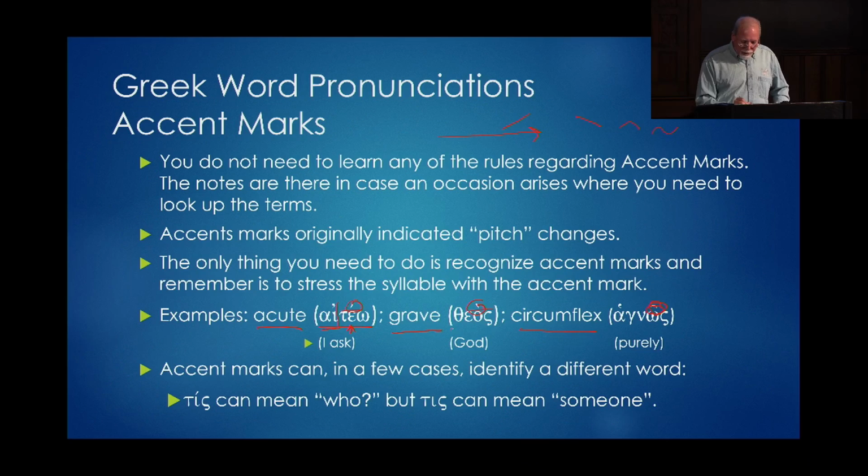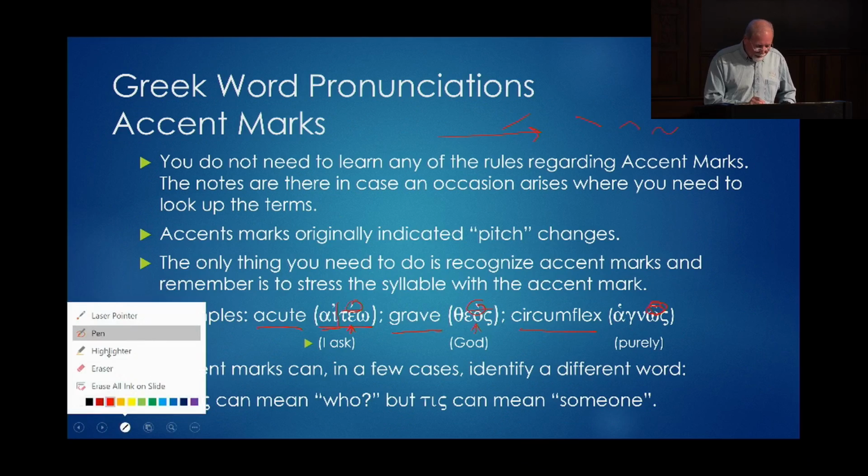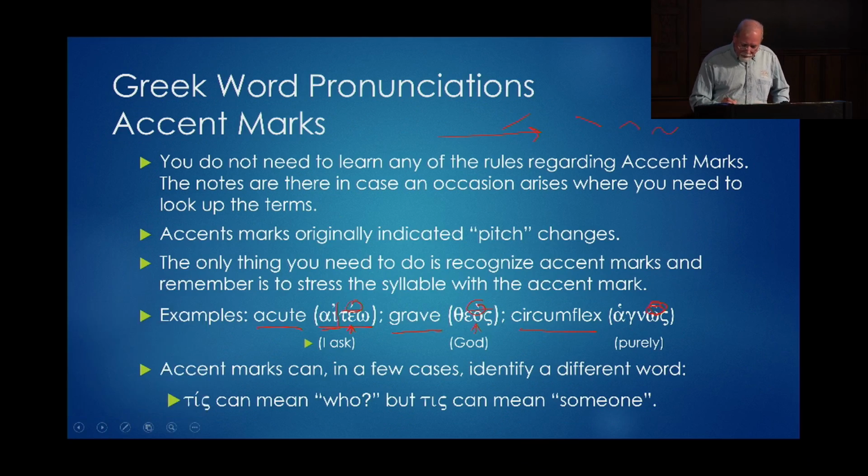The word for God, theos. Theos. The accent is over the os. Theos. And then the circumflex, which you can't really see. I'm going to try to see if I can get rid of that. There.